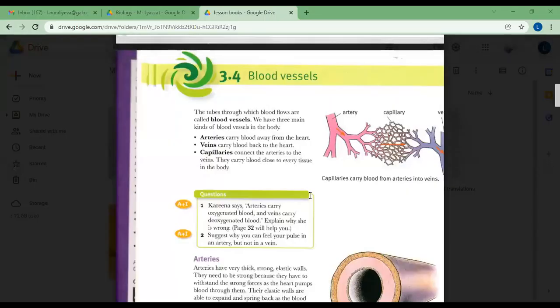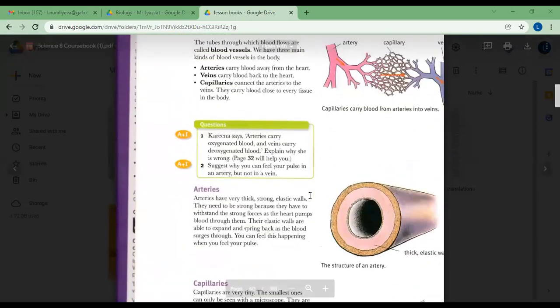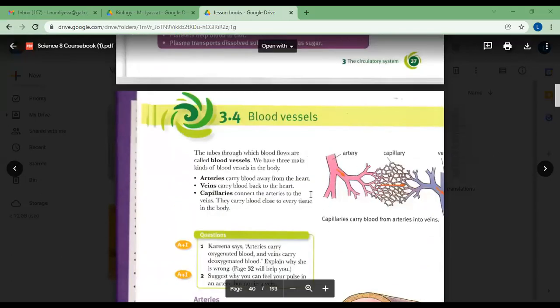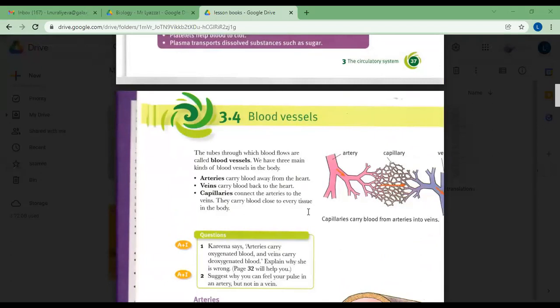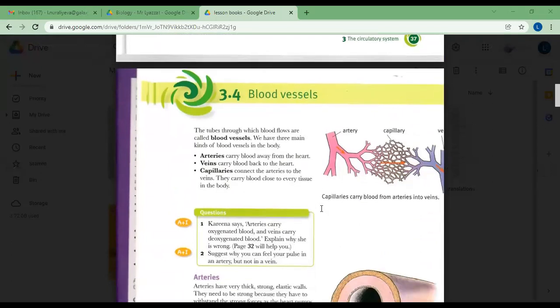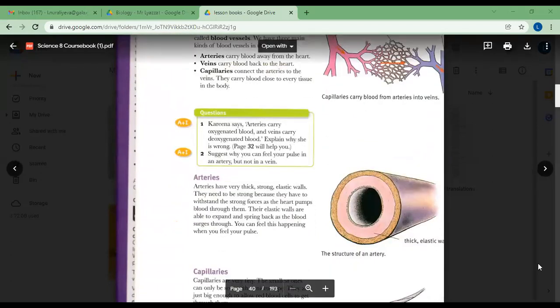That was the demonstration. Now I'll open the book. Can you see my book? Yes. So first question, please, David, read the first question.